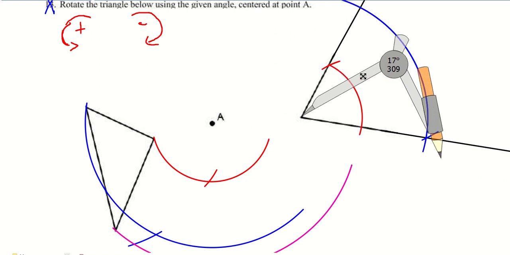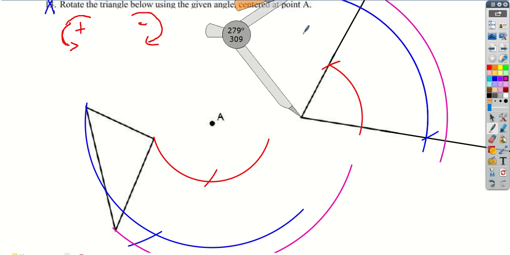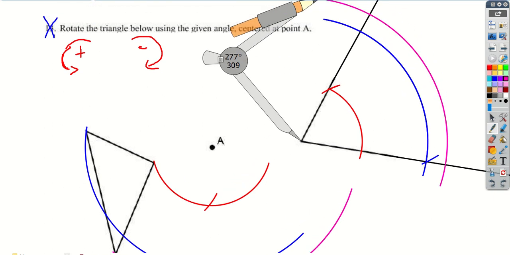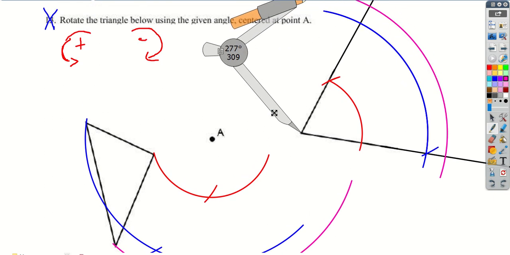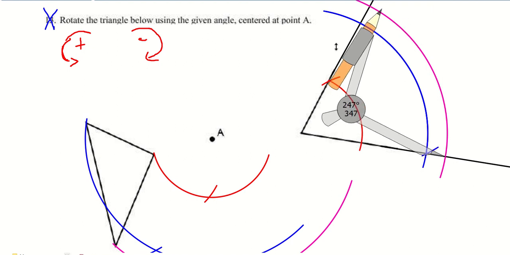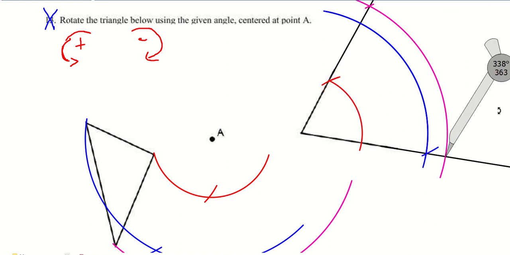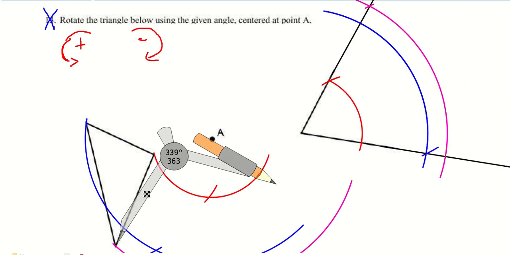All right, so draw that arc around this. Measure the width. Okay. See right there. And then we're going to mark off that distance.